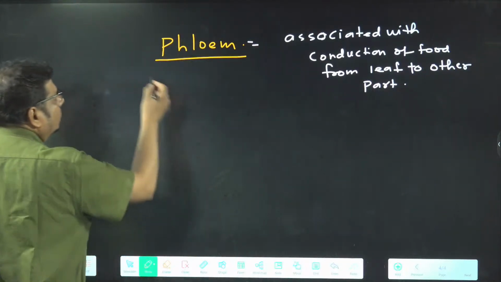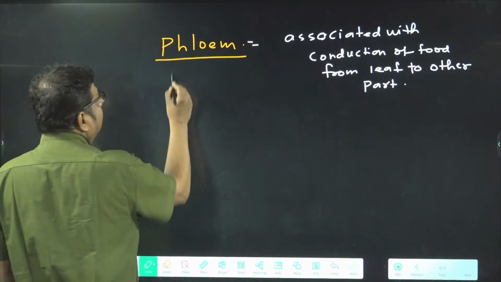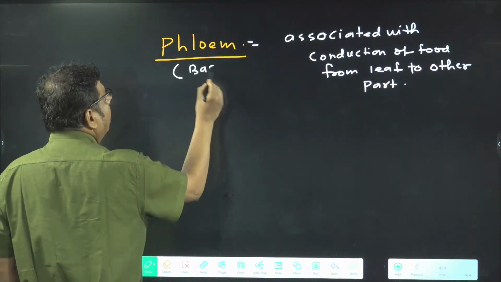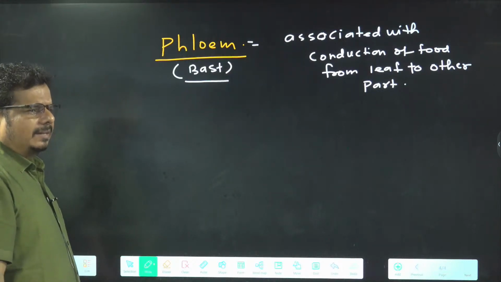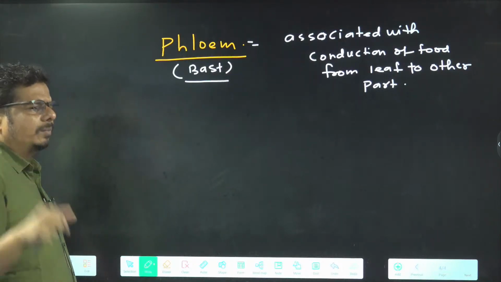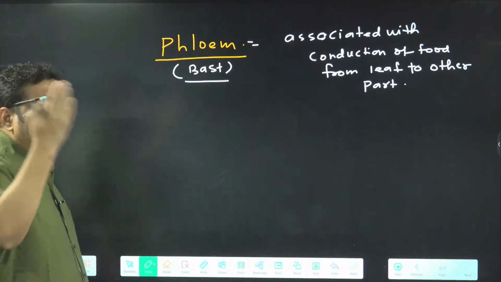Now, if we talk about phloem, NCERT also wrote, it is also called bast. Phloem is also called bast. Actually, NCERT wrote phloem equal to bast, but more technically, it is better to say secondary phloem.